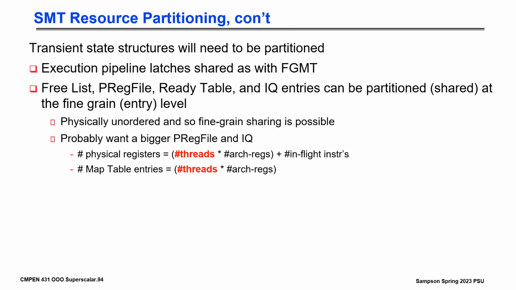So generally, we want to make the total amount of these resources larger than they were in the pre-SMT machine, right? Given that we're now going to have increased residency of users of these resources. Because what we want to do is not dampen the single-threaded performance in the case when there is no co-runner, right?